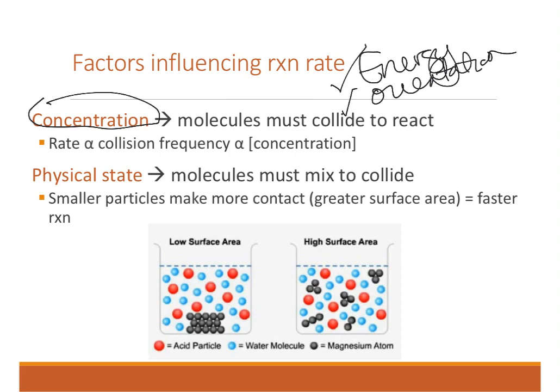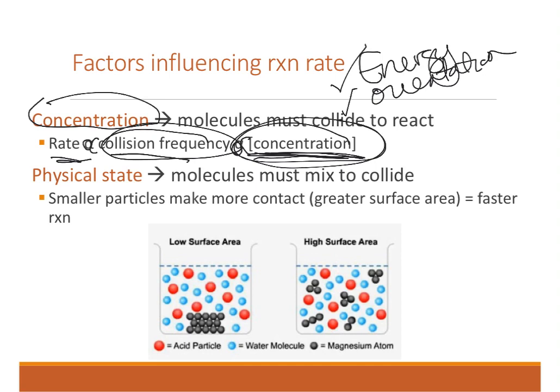The higher the concentration, the higher the rate of reaction. This little proportional sign is just telling us that the rate of reaction is directly proportional to the concentration of the reactants. Because obviously, the higher the concentration, the more collisions there are going to be, and therefore the faster the rate.